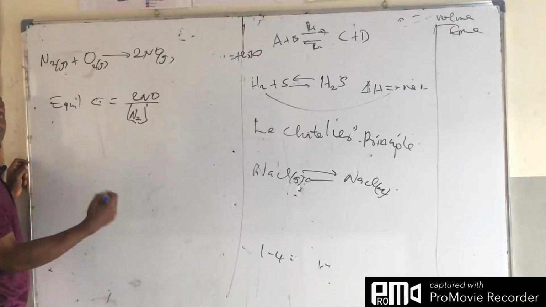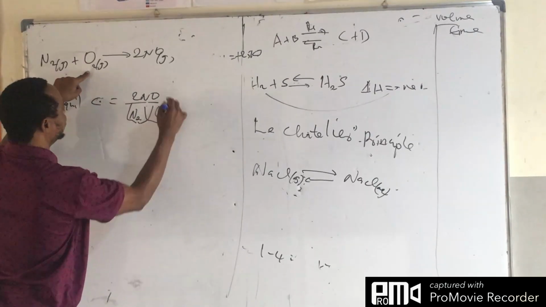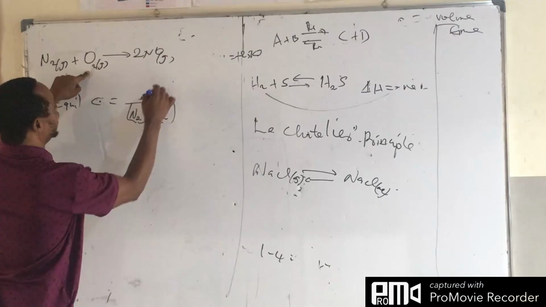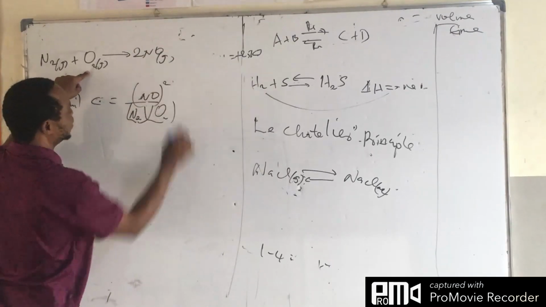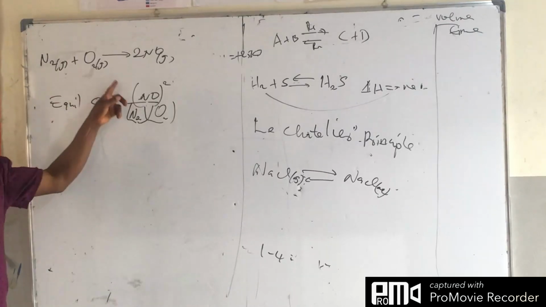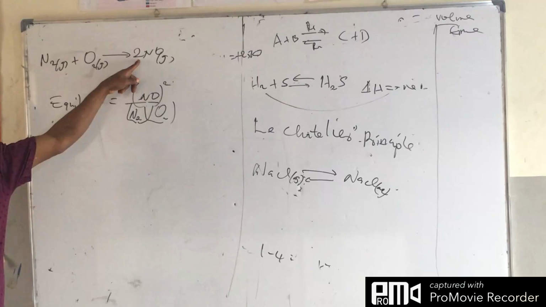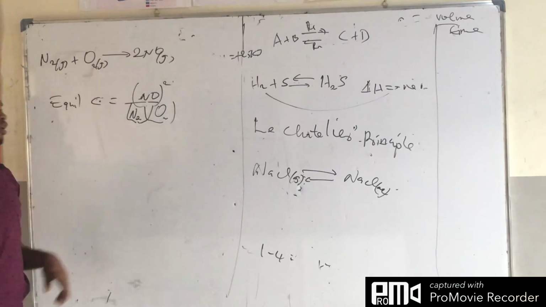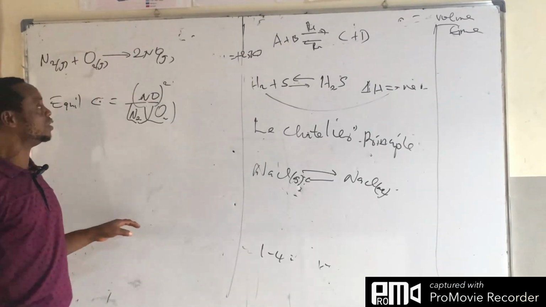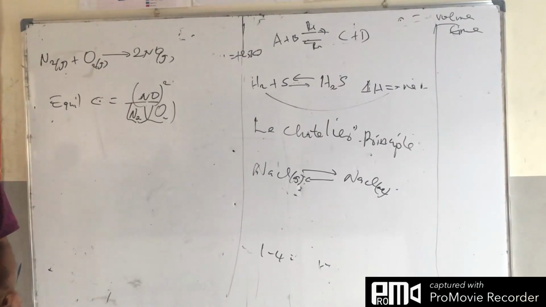Is there any importance? No, 1 is 1. Then O2. Now for this 2NO, do you see it? The products raised to the power of each of their moles, over the reactants raised to the power of their moles. You know what I'm saying now?